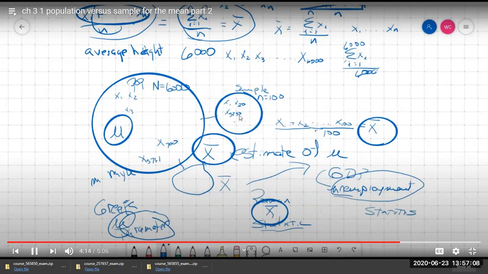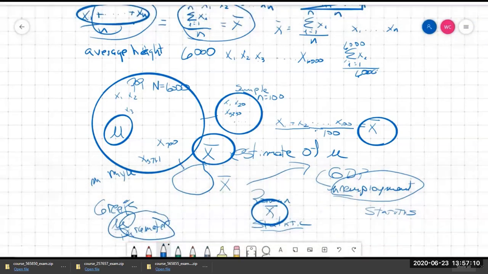But we have reviewed this concept of population versus sample. We also said that we're going to use Greek symbols for population and non-Greek for samples. And we're going to call things from the population parameters, and things from the sample statistics.